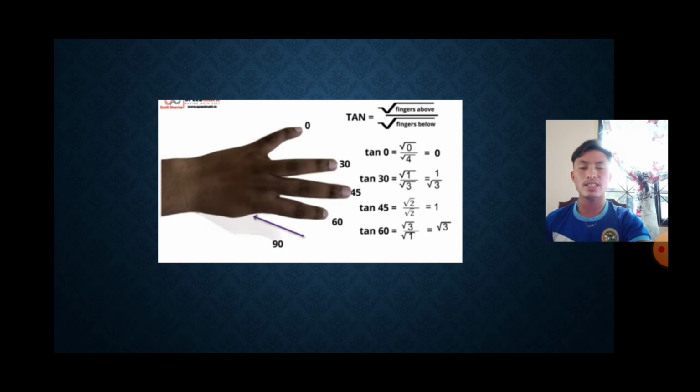Tangent 0 degrees is equal to square root of 0 over square root of 4, which is equal to 0. Tangent 30 degrees is equal to square root of 1 over square root of 3, which is equal to 1 over square root of 3. Tangent 45 degrees is equal to square root of 2 over square root of 2, which is equal to 1. And tangent 60 degrees is equal to square root of 3 over square root of 1, which is equal to square root of 3.